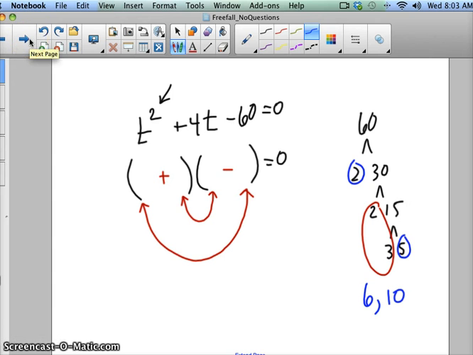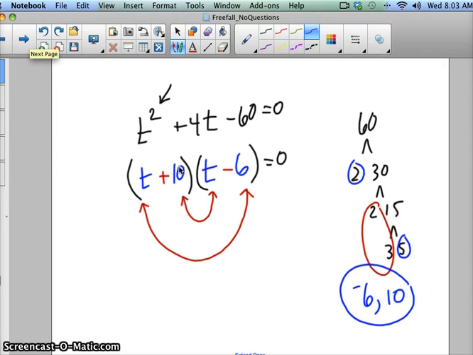If I make 6 negative, they'll give me negative 60 when multiplied. When added, these two numbers will give me positive 4. So this looks good. So I'm going to say minus 6, positive 10.